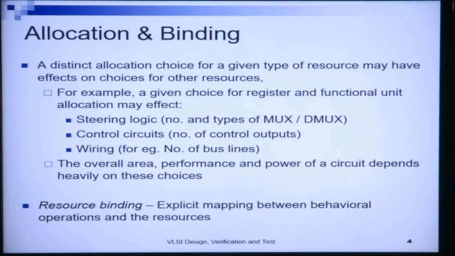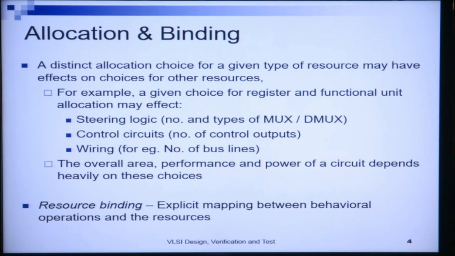The choice of types and number of muxes will depend on the choice of registers and functional units that you have made. It will also determine the control circuits that you have.